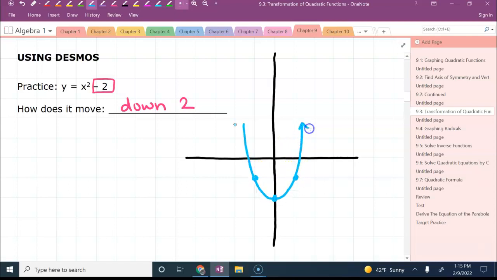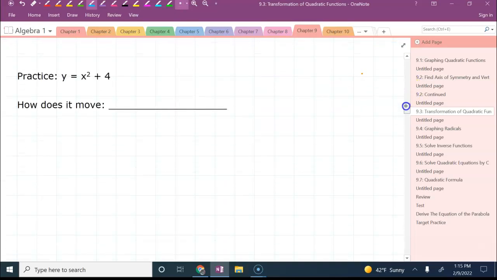So when you're sketching these, I don't need to see all the stuff that we had done in sections 1 and 2. Like, I don't need to see your work to find your axis of symmetry and those kind of points. We're just briefly exploring what we think would be happening with these and just doing a real quick sketch of that graph. So what do you think is happening with this one?